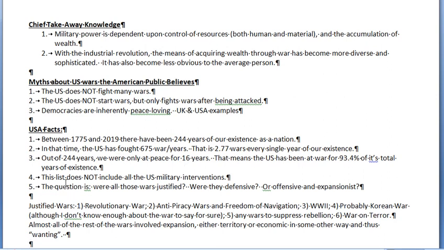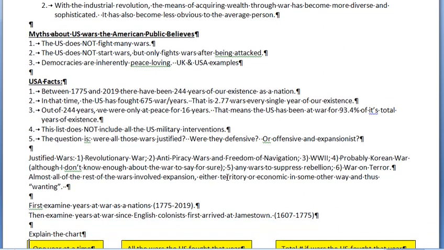Now, this list does not include the many, many U.S. military interventions. This includes more just formal wars. These military interventions are short-term military interventions, oftentimes in Latin America or in the Caribbean and so forth. The question is, were all these wars justified?